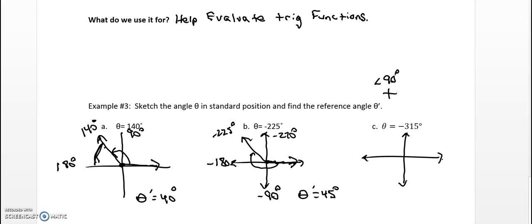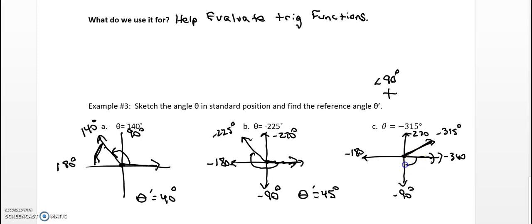All right, negative 315 degrees. We're going to go in the negative direction. Initial side's here. Negative 90. Negative 180. Negative 270, and then negative 360. So my terminal side is going to end up somewhere over here, where this is negative 315.